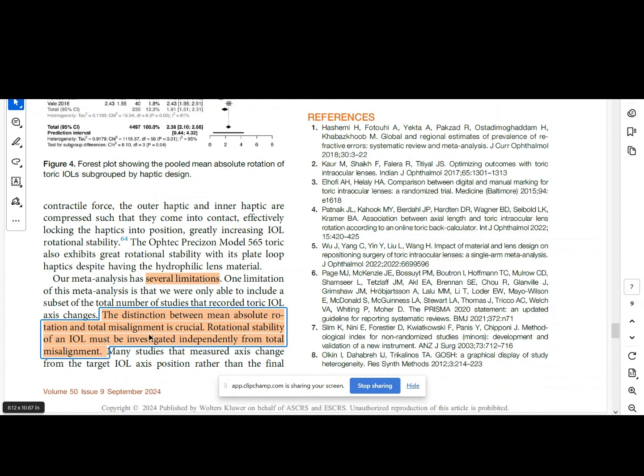If you put it at 92 degrees and then measure the rotational stability and find that post-operatively it has rotated to 94 degrees, then your absolute rotation is 94 minus 92, 2 degrees. But this meta-analysis did not make a distinction, probably because it is a meta-analysis of many different studies, and those studies may not have reported that distinction.